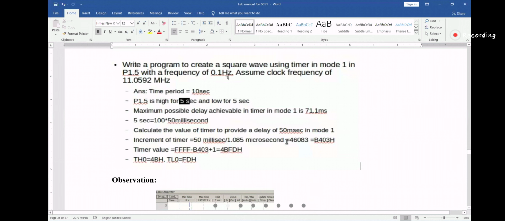The question might say you need to create a delay of 1 day.